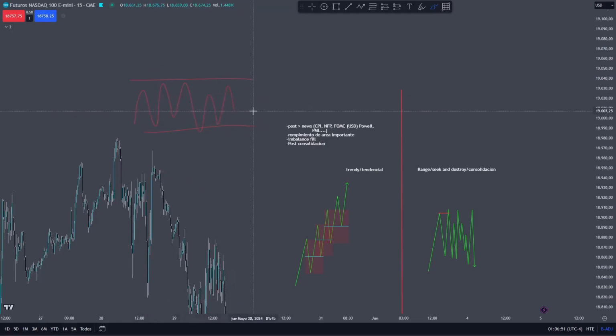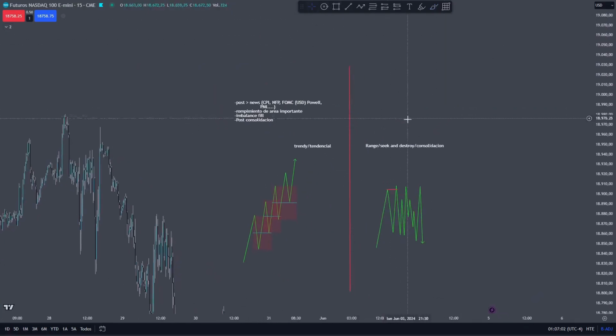But as long as it comes from a range over several days, I can already be expecting soon a trending market once it starts to exit that range.